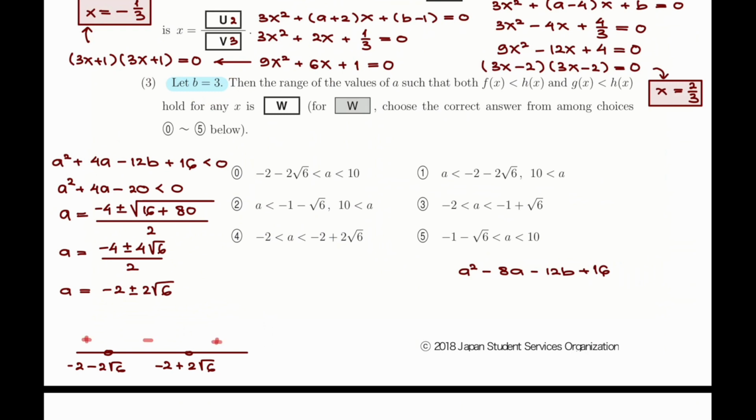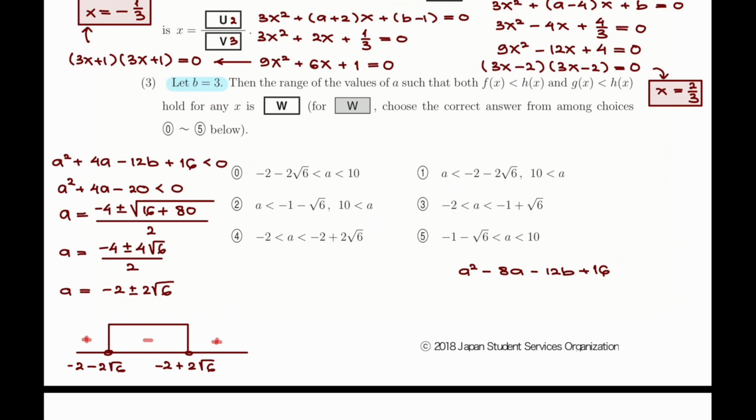The region that we will take is the negative one, because our quadratic expression is less than 0. So I will take the negative one here. This is the first condition that must be satisfied by A.